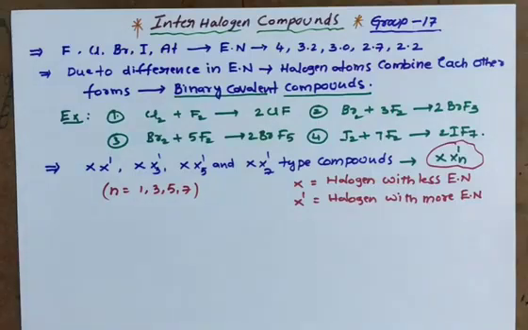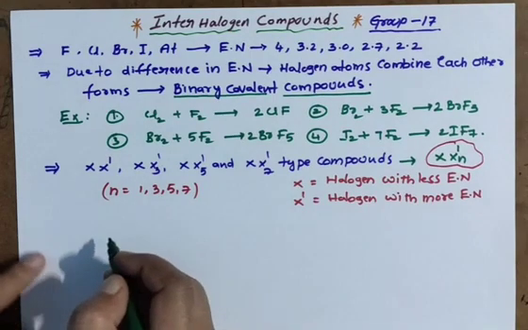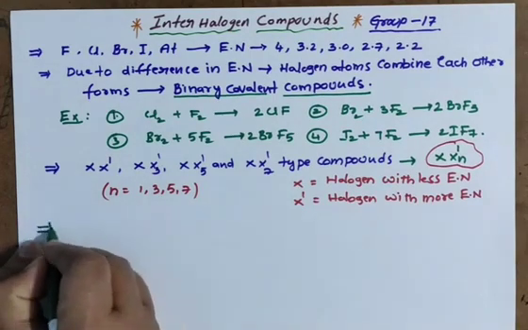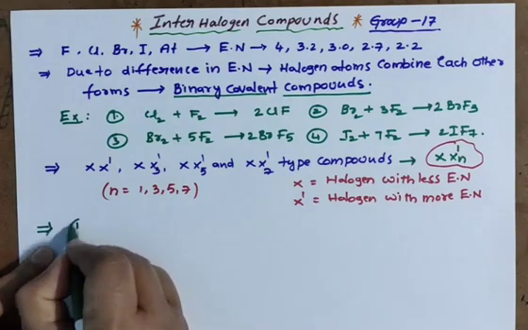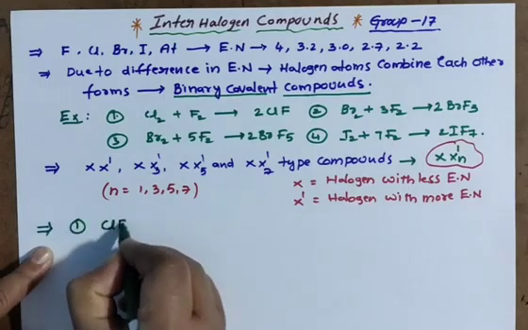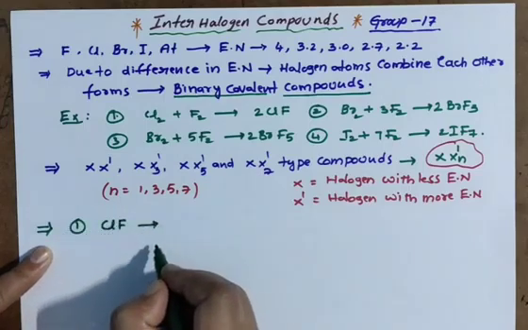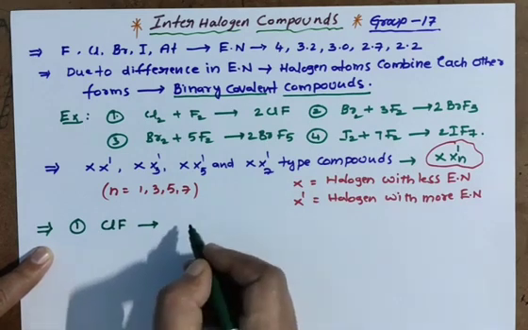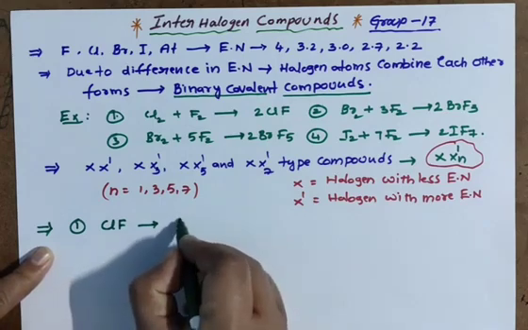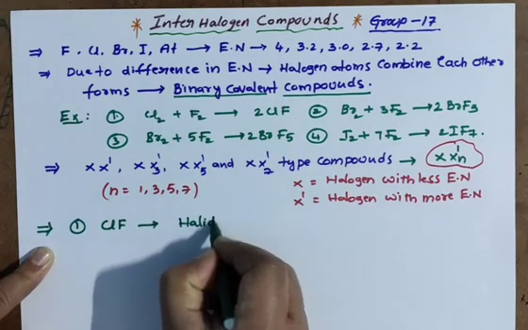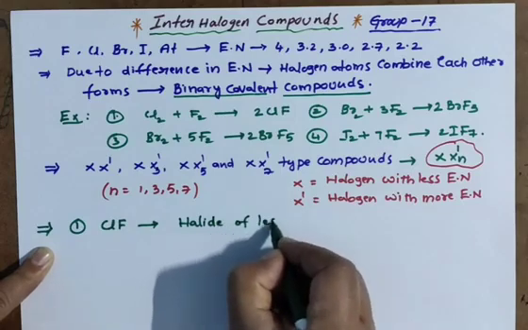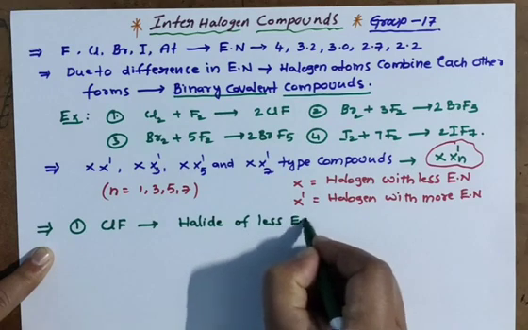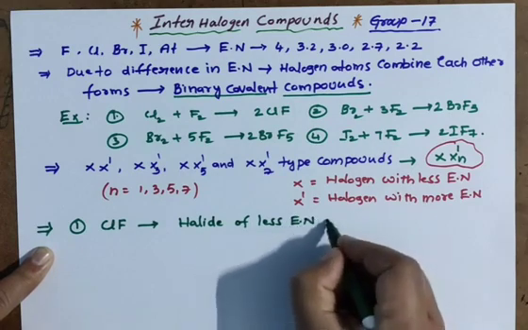And here students get a problem: how to name these compounds. That's a big problem, I generally observed. For example, ClF is given. How to name this compound? Very easy. Interhalogen compounds are named as the halide of the less electronegative atom.